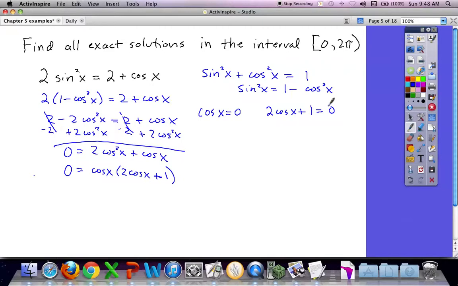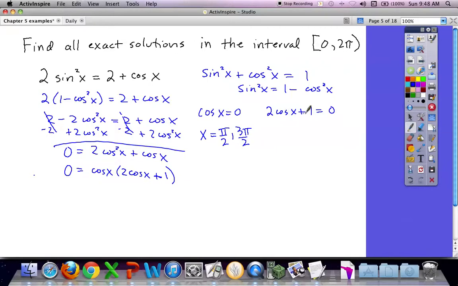Okay, if cosine x equals 0, then we know that x must be between 0 and 2 pi, which is the given domain here. It must be that x equals pi over 2 or 3 pi over 2. Right? A little bit of knowledge of the unit circle, and you should know that.